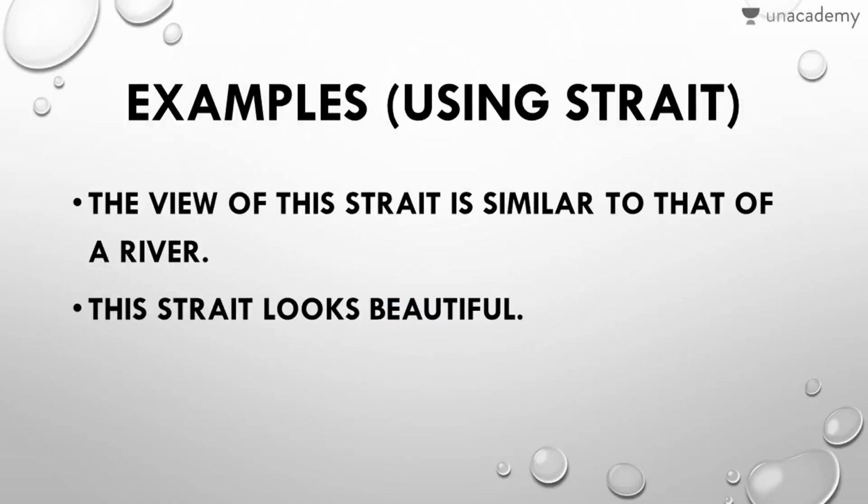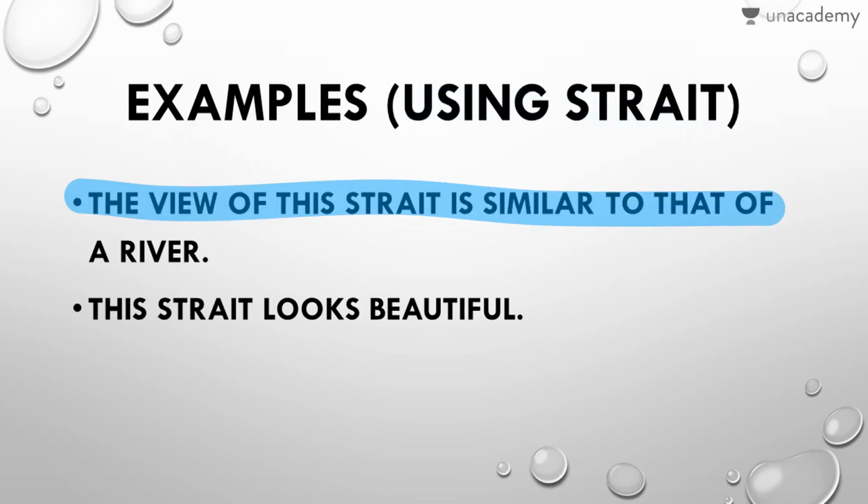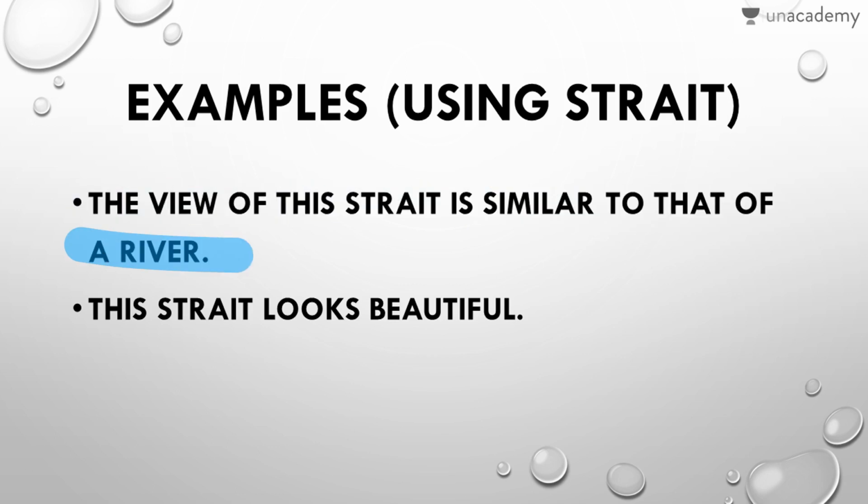Now we'll discuss some examples that are using the word strait. That means a narrow waterway. So first example is, the view of this strait is similar to that of a river. So this means the view of this narrow waterway is similar to that of a river.